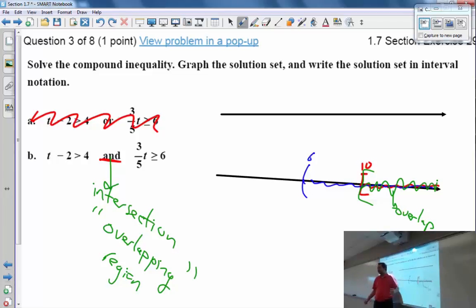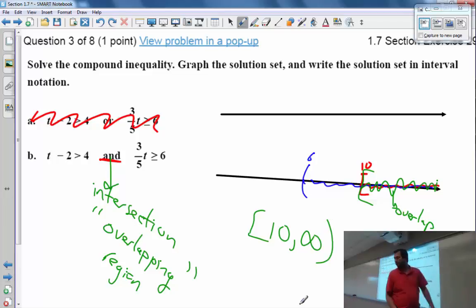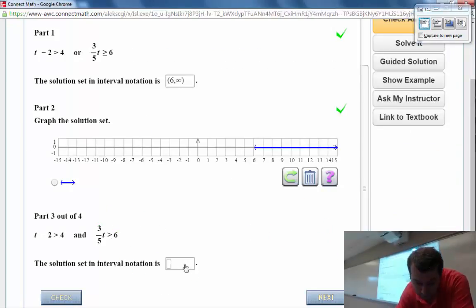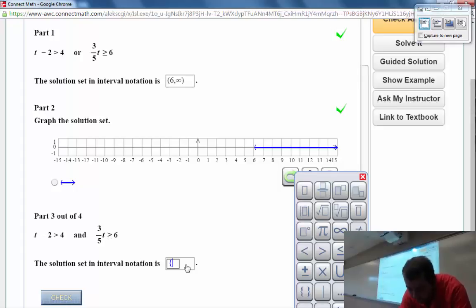Is 10 both a member of red and blue? Yes, it's in red, it's in blue, so yes, we include it. So the overlapping area, or the solution, is we start with 10 and go indefinitely. Okay? You make the bracket from the keyboard and infinity from the toolbar.